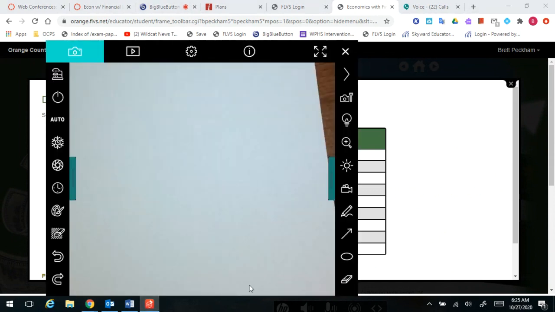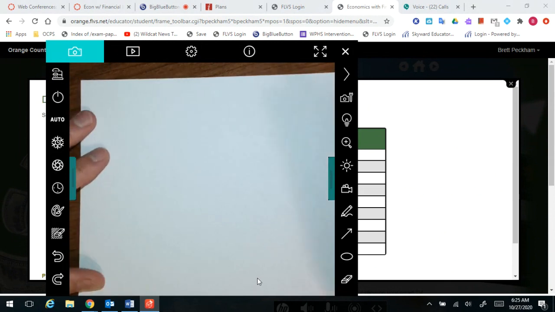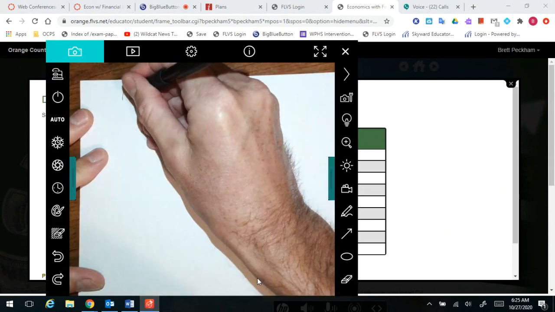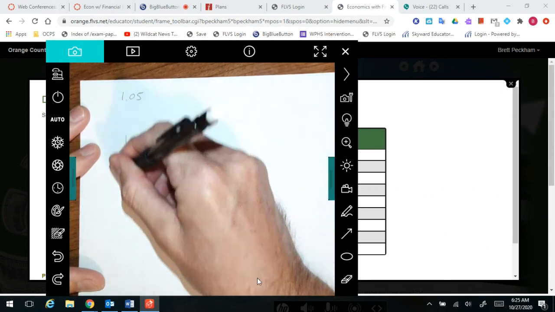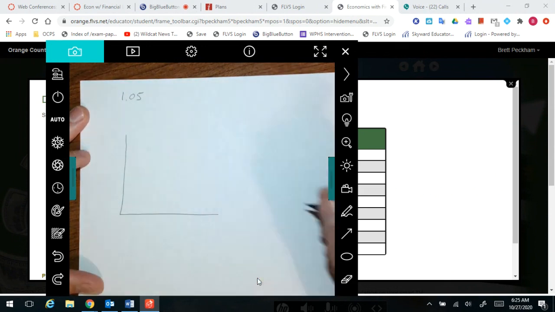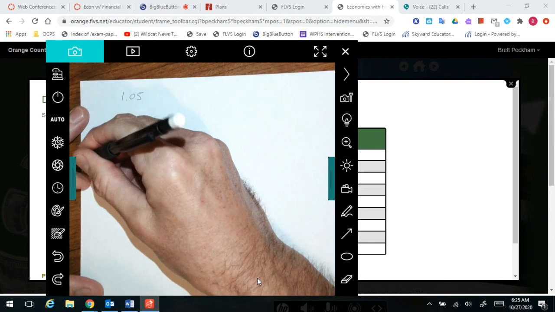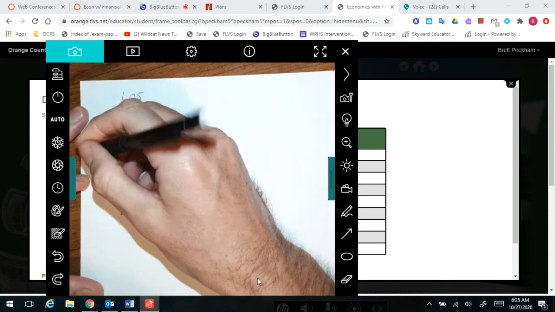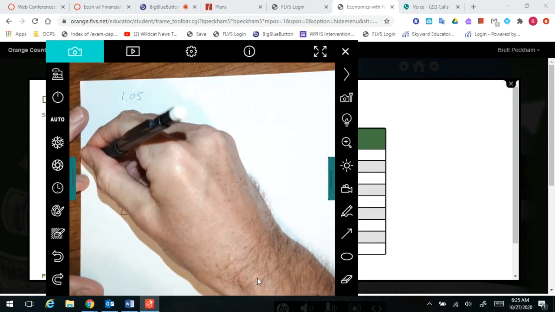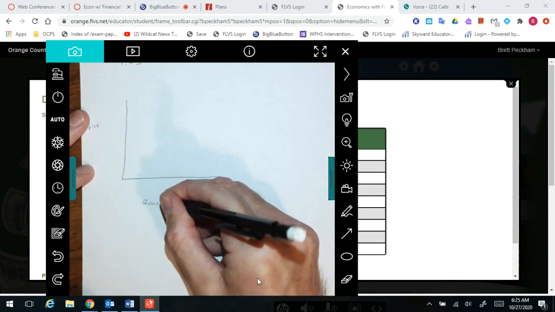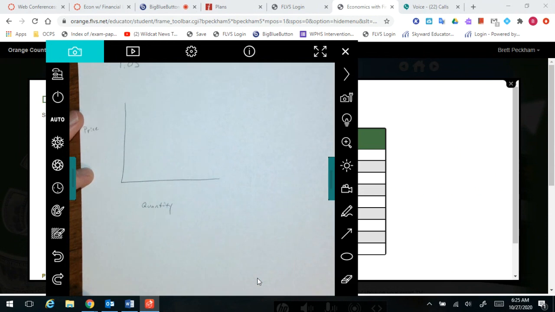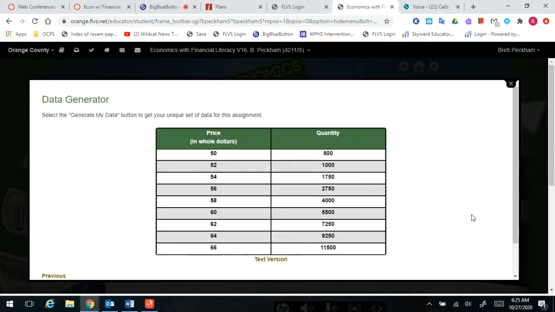So this is the 1.05, the supply thing. We have our graph here. Again, if you remember from the original Module 1 video, we have price on the vertical axis and quantity on the horizontal axis. Now let's take a look at whatever we had here in the generator.